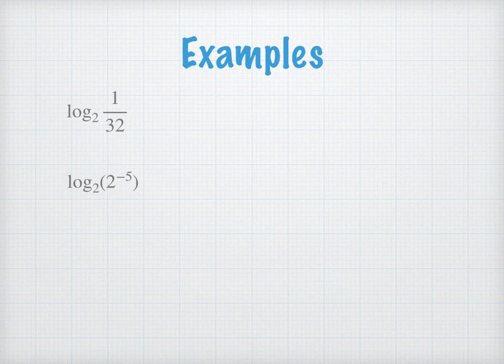So we have log base 2 of 2 to the negative 5, because 1 over 32 is the same as 2 to the negative 5. We're now thinking about our log rules. This is like our rule log base b of b to the k equaling k. So that means this should equal negative 5.